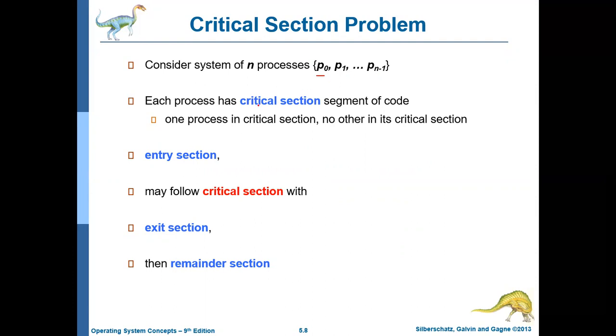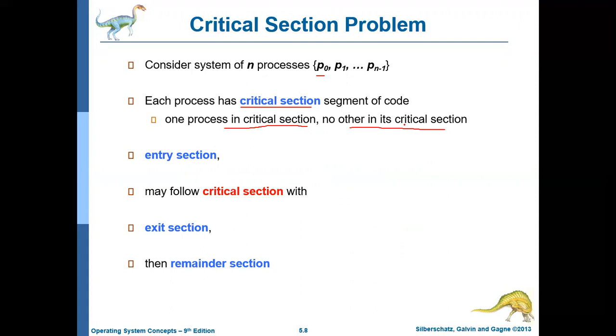Let us assume each process has its own critical section, where it accesses the shared variable. If one process is in the critical section, then no other process should be allowed to be in the critical section. This will ensure that the data is consistent.